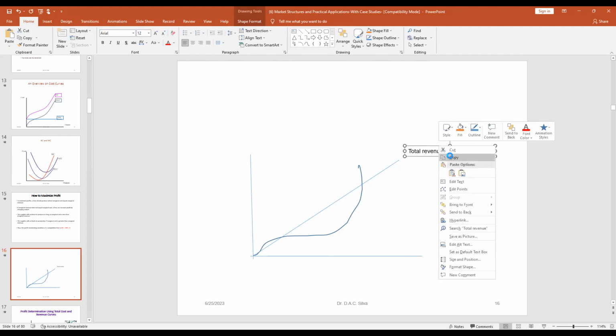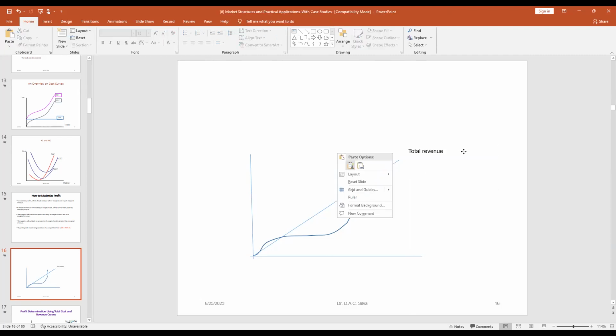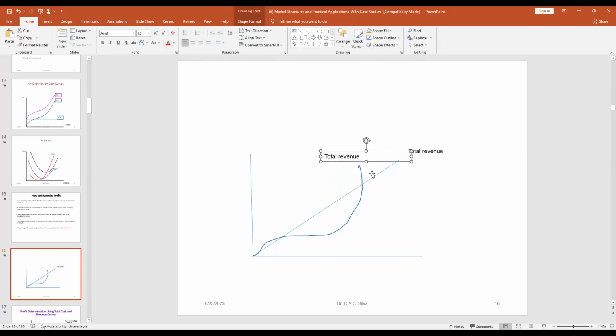If I take here, this is total cost. Now, this is the total cost curve. This is total revenue. So what is happening? This is the area where that particular firm can take the maximum profit.